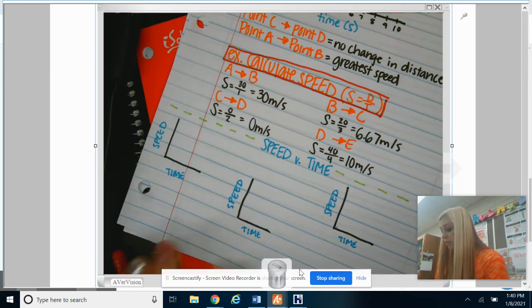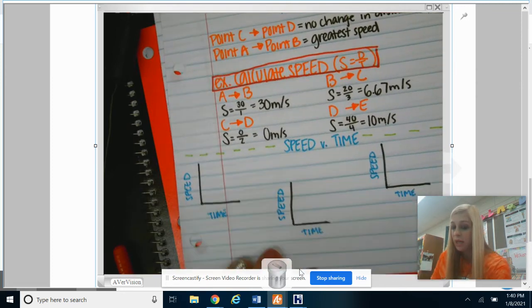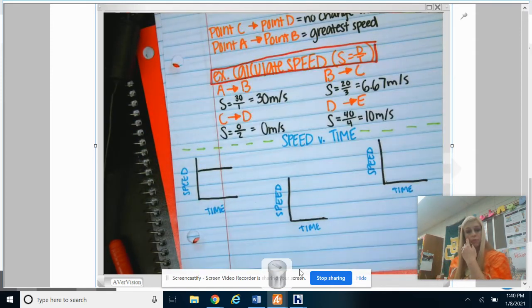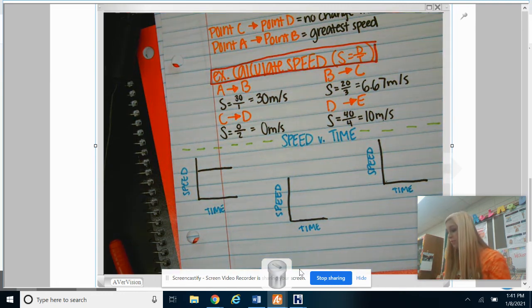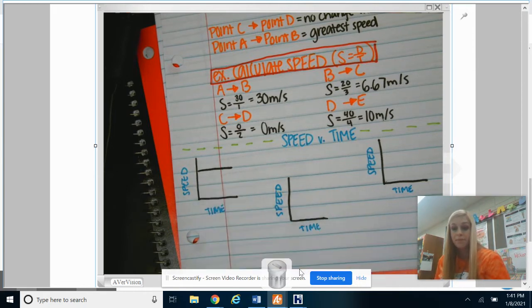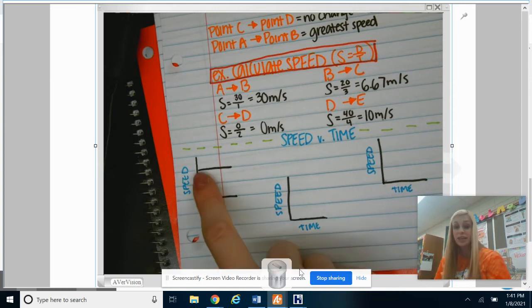The first one, we're just going to make it a straight line. So let's think. We said this already when I was showing you that picture earlier. What is happening here? Is the speed changing over time? No, it's not changing. We're staying at that same speed.